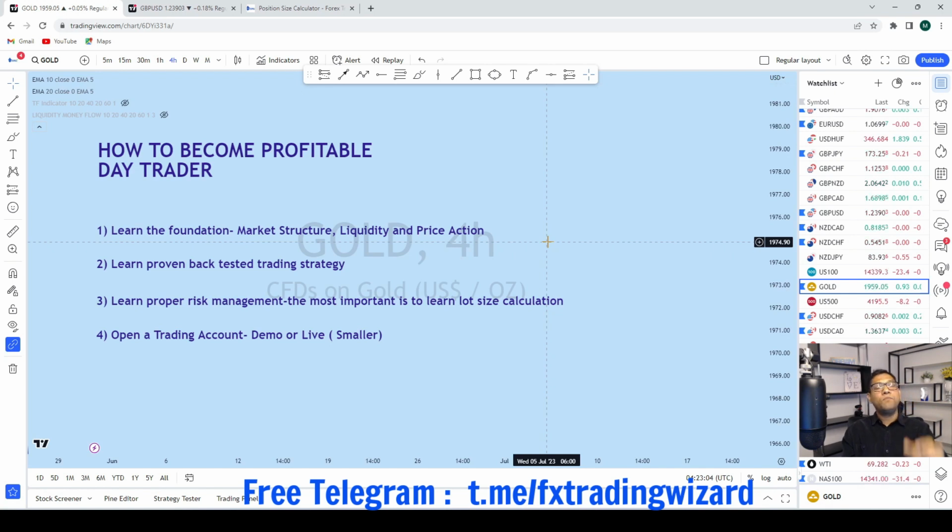So that's why I recommend to use a very small account but in a live account. Keep in mind, this is a very important part. You have to use a very small account, because chances are that in the beginning, 100% of the time, you might be losing that account money.